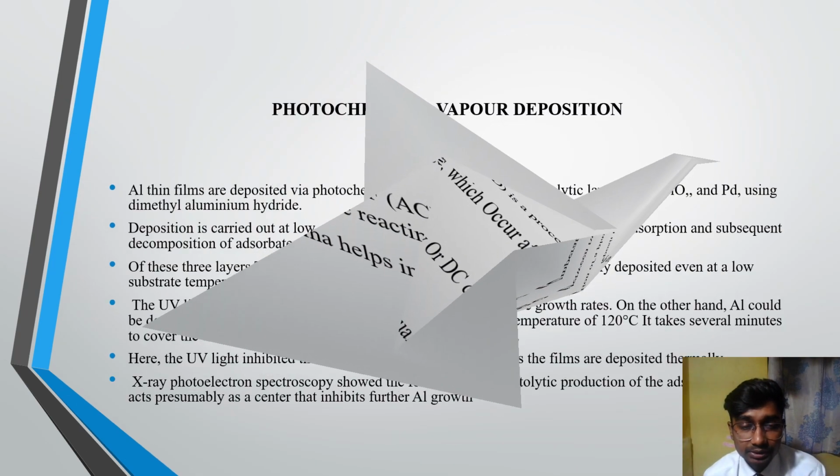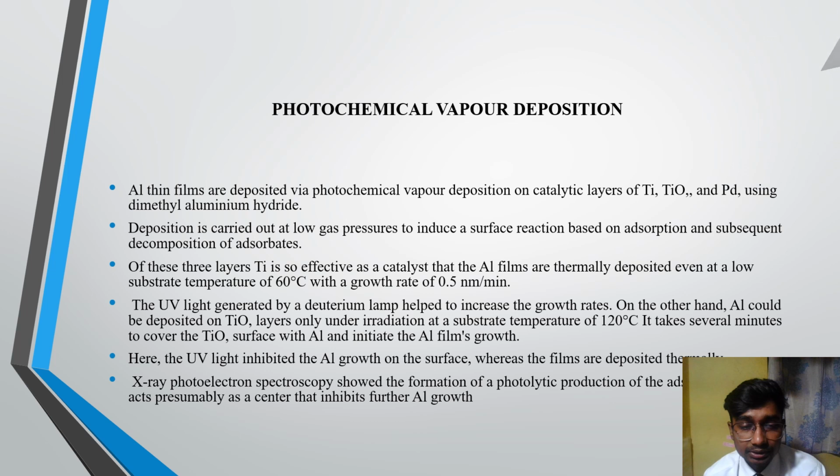And this is the third one, photochemical vapor deposition. Aluminum thin films are deposited via photochemical vapor deposition on the crystal layer of titanium oxide, using dimethyl aluminum hydride.